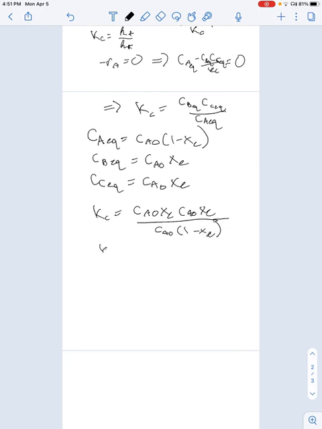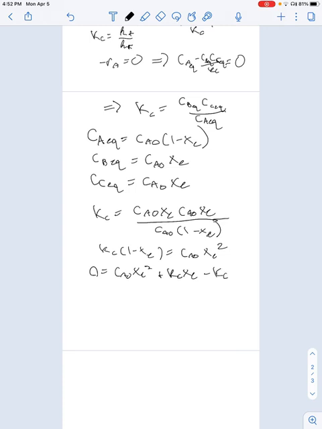So Kc times 1 minus Xe equals Ca0 Xe squared. So this will go 0 equals Ca0 Xe squared plus Kc Xe minus Kc.